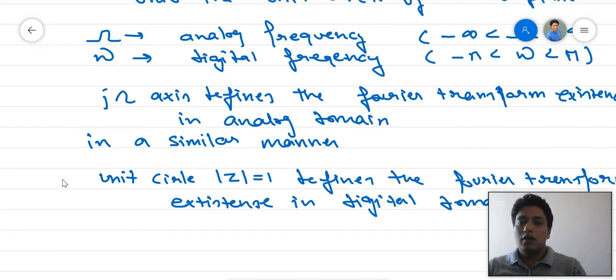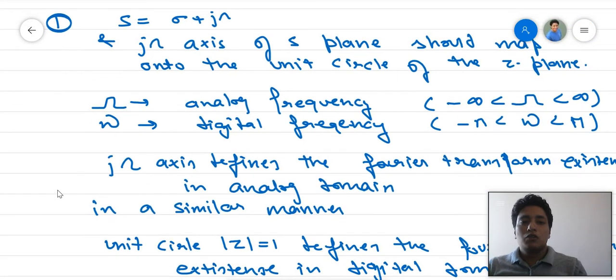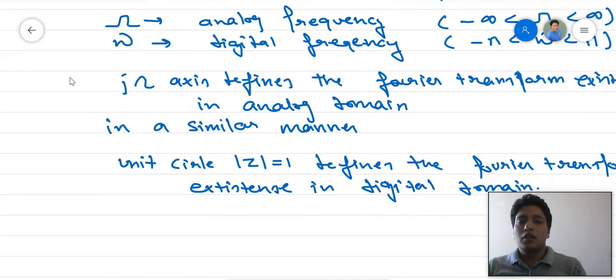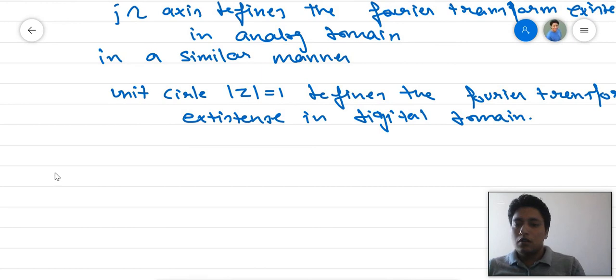So these two are important points, that this j omega axis should map over the unit circle of the Z plane. This is the first condition.